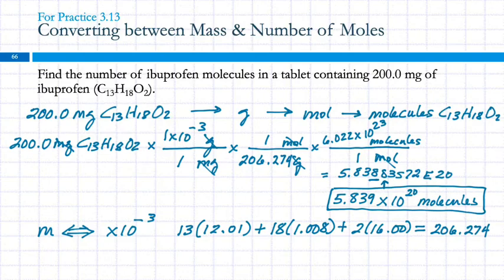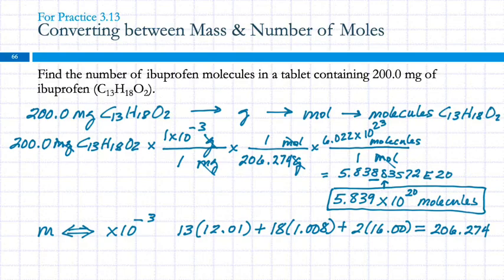Yes? Now that you use Avogadro's number, how would you find the number of atoms? Oh, that's an excellent question. And I think we get to that at some point. I don't remember which slide it's on. So the question is, okay, this is the number of molecules. How many atoms are there? Well, I would look at the formula and figure out how many atoms are in 1 molecule.